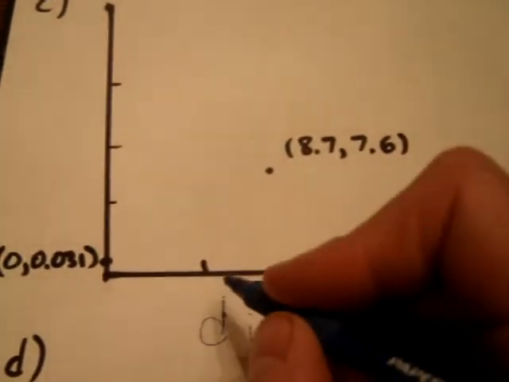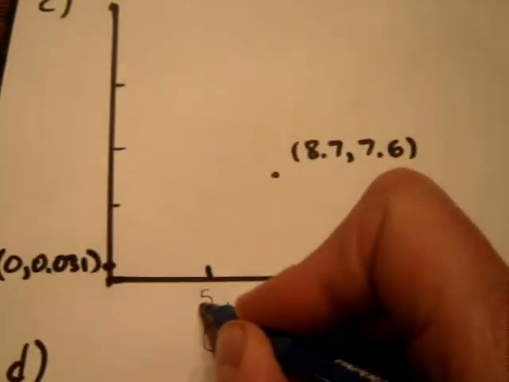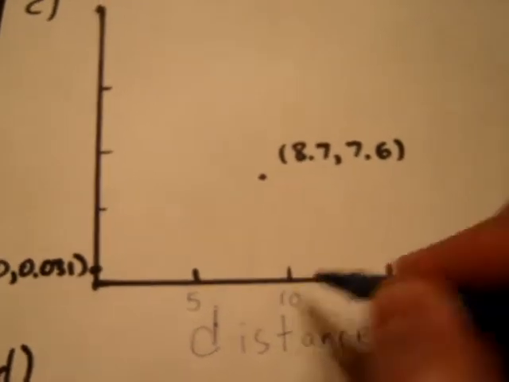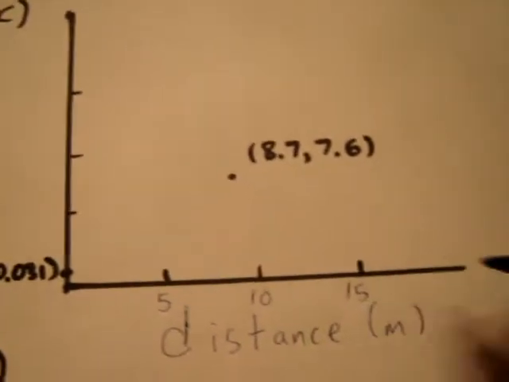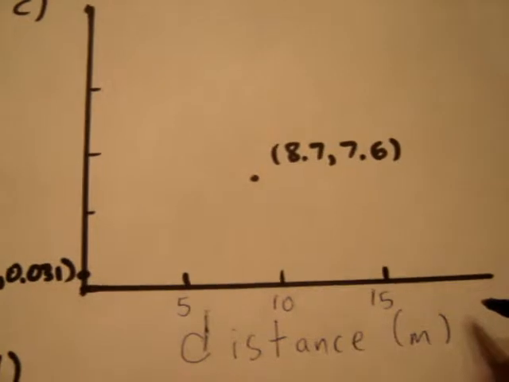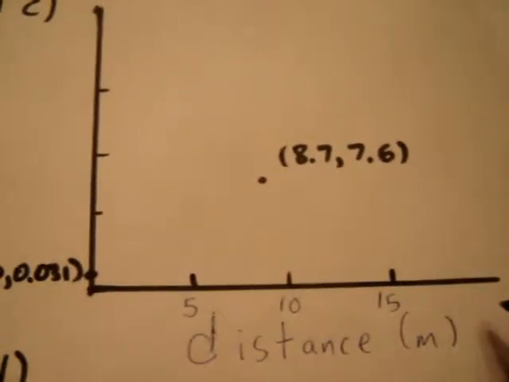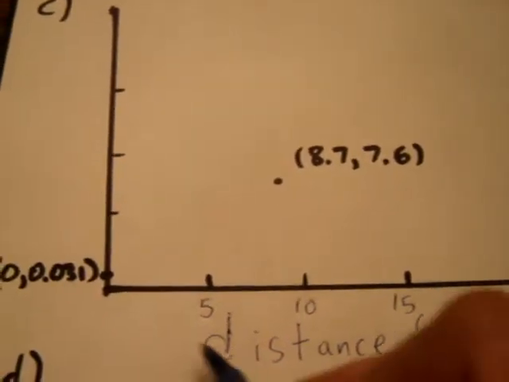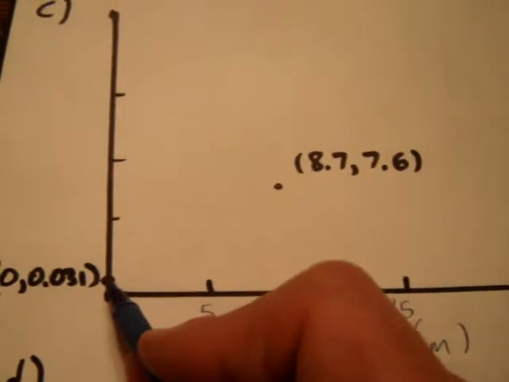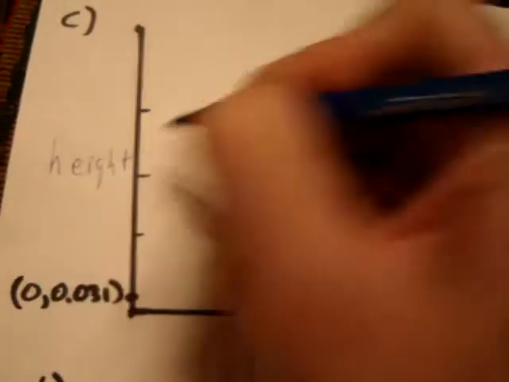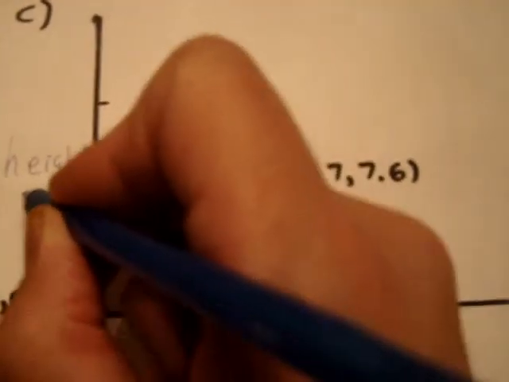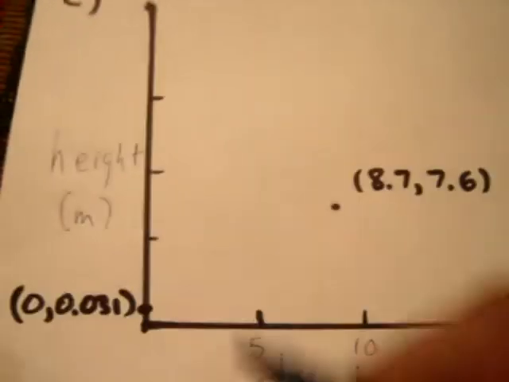And we'll increase by 5 meters at a time, and we will note our beginning height of 0.031 meters. This will be our height axis, or y-axis, because that's our dependent variable, and of course it's measured in meters as well.